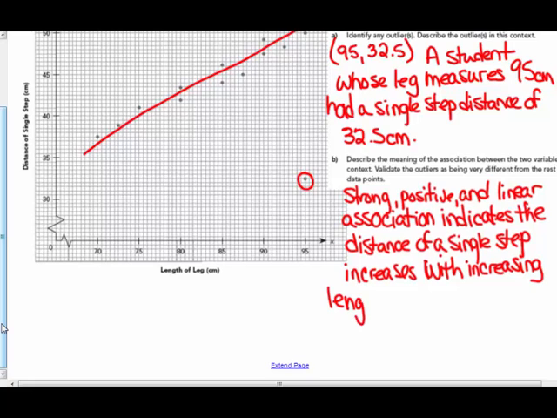Well, that makes sense. The longer your legs, the longer you can step.